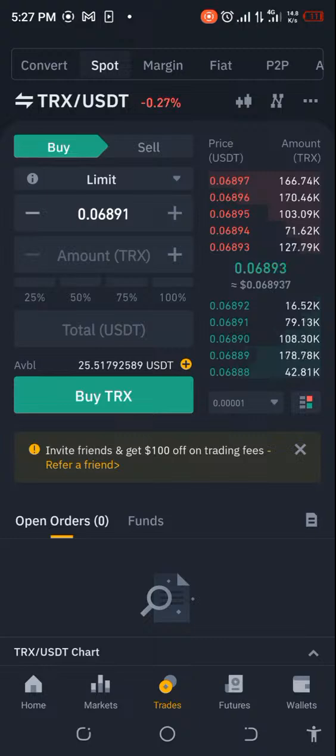So it's the same irrespective of the amount of capital you're using. The only thing that changes is the trade fee, which is 0.1%.